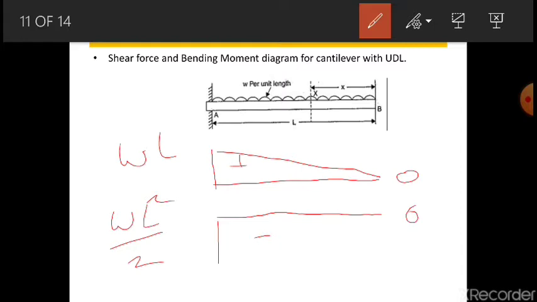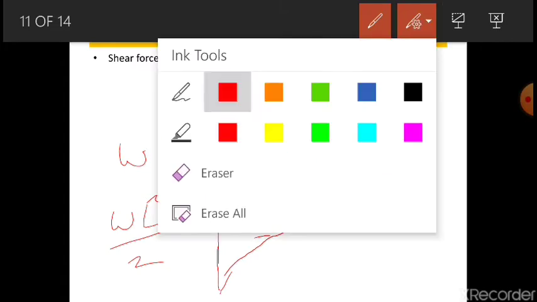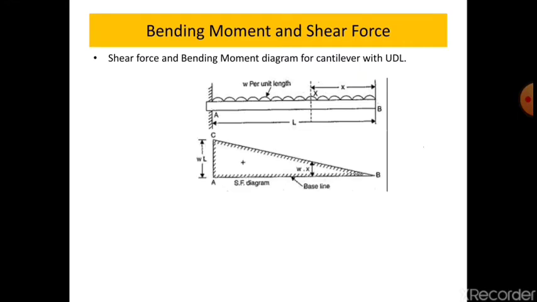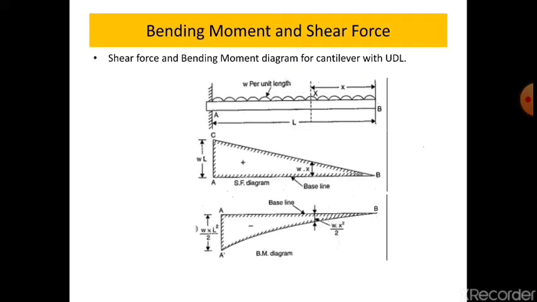You can't join it by a straight line, you have to join it by a parabola, because it is UDL in the bending moment. You have to draw it with the parabola. It will be like this. Okay, this is how your bending moment is, right? This is how your bending moment is.